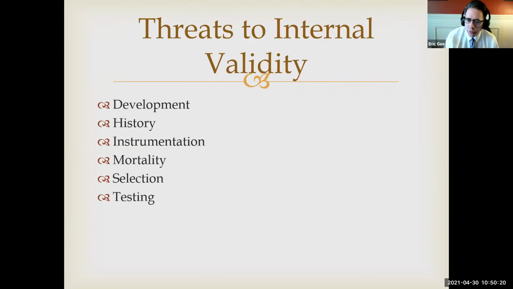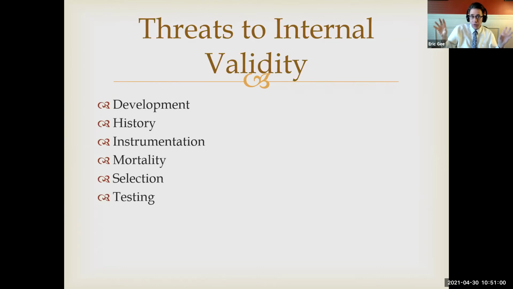Okay, the next one there, selection. This is where there is a bias in your study results because of your comparison groups. I already made reference to this when we talked about random assignment. One of the problems, remember, I think I used the example of having a study where I have men in my experimental group and women in my control group, or if I have 18-year-olds in my experimental group and 30-year-olds in my control group, or if I have all, I don't know, all LDS people in my experimental group and Catholic people in my control group.